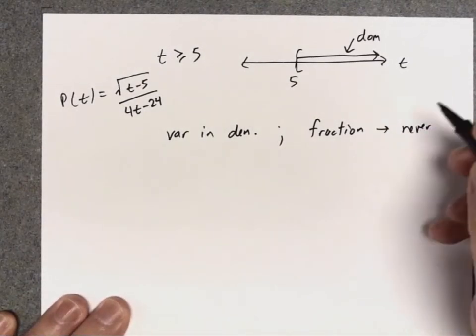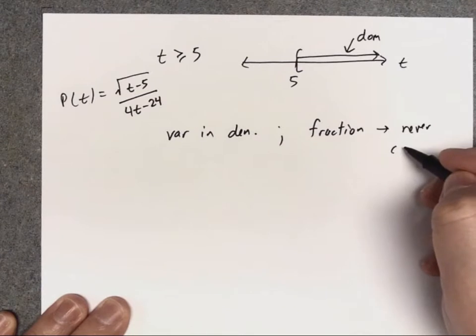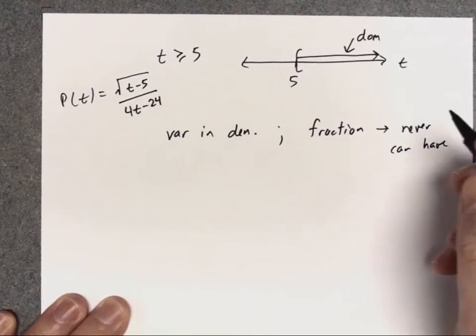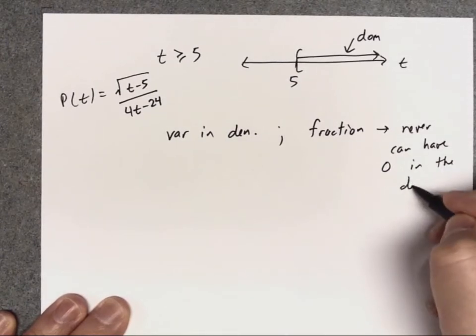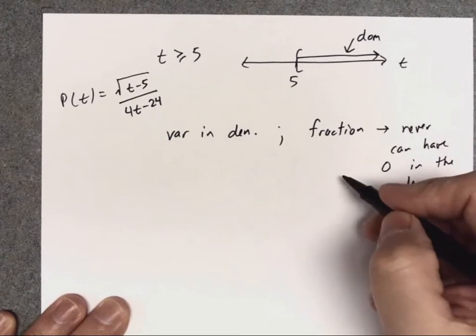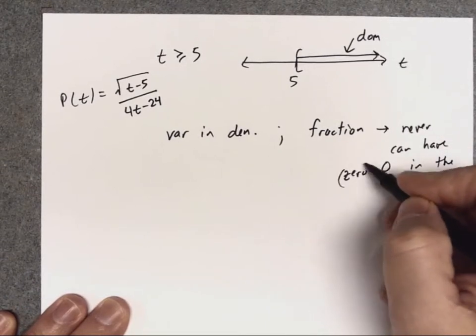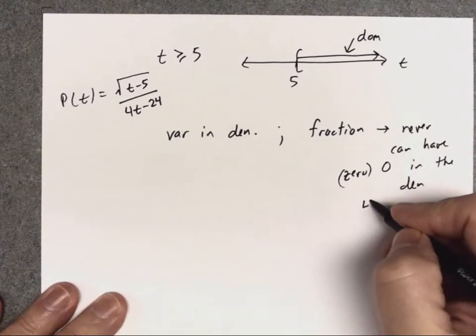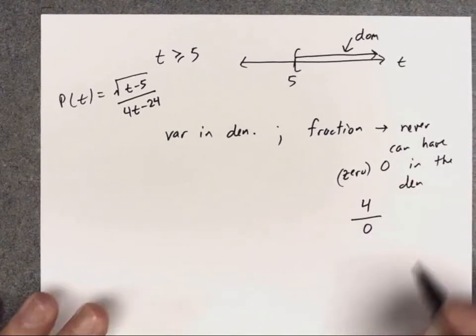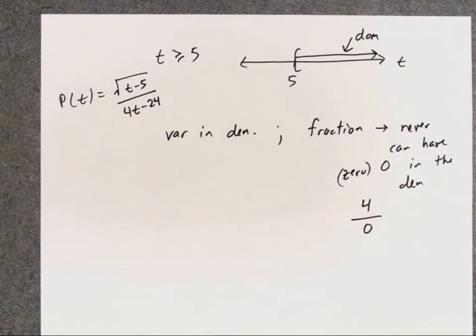If you remember, you can never have 0 in the denominator. And by that I mean the number 0. In other words, I cannot have a fraction like that. You're never, ever, ever allowed to have 0 in the denominator of a fraction.